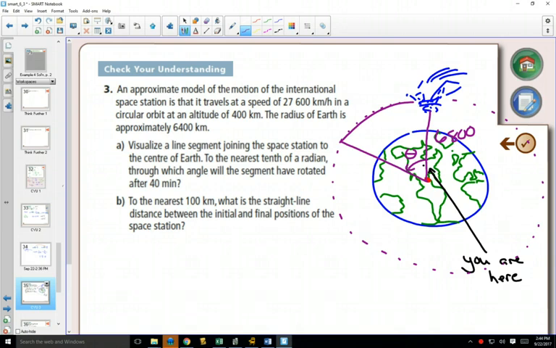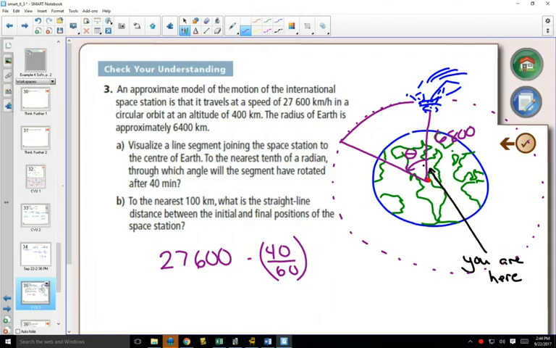So if I want to figure out this value here, it's traveling 27,600 kilometers per hour, but it's only traveled that for 40 minutes. We can't just multiply this by 40, because this is in kilometers per hour, and our time's in minutes. What number should I use? 40 out of 60, because that would be what fraction of an hour we've gone, or 2/3. So we take our calculators out and we do that number.